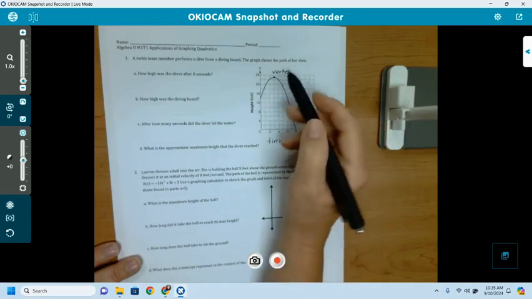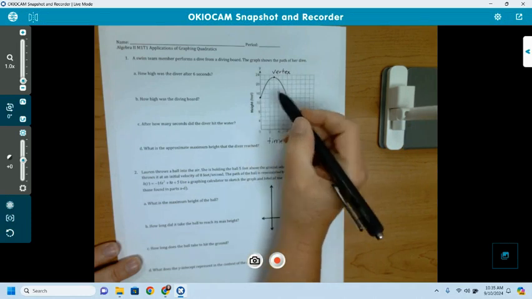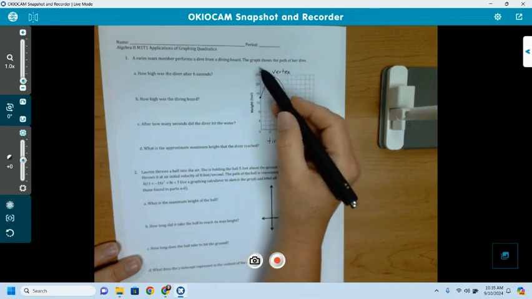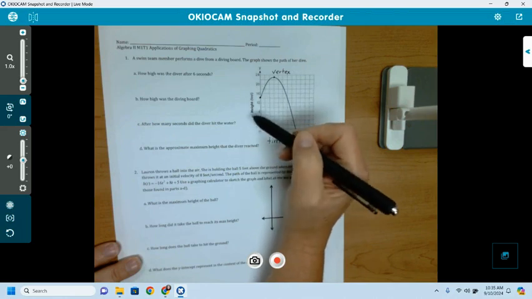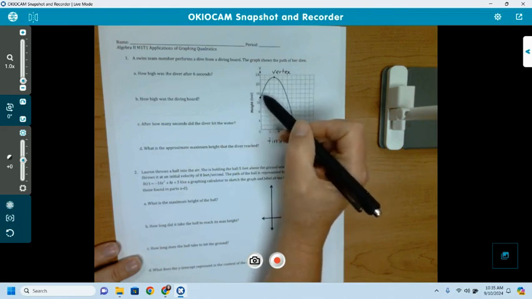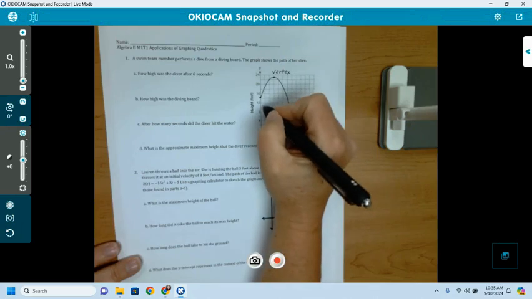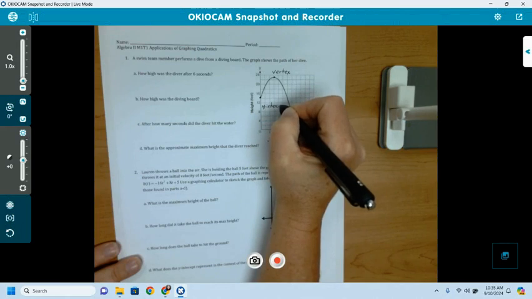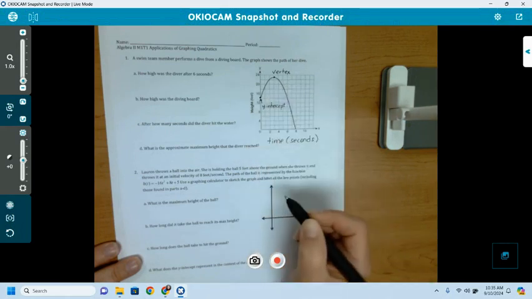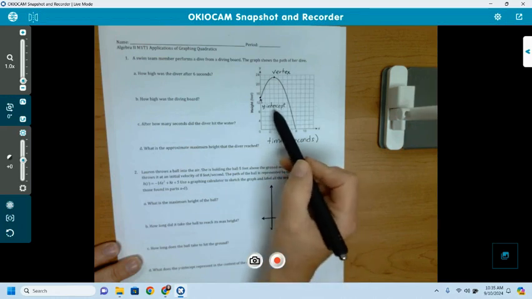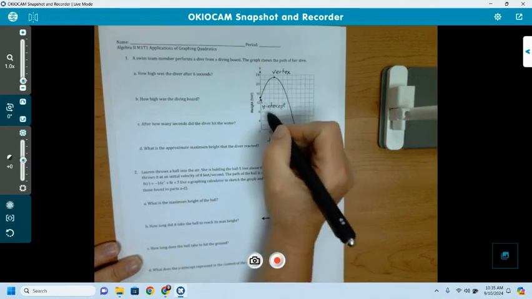This point, where the graph crosses the y-axis or meets the y-axis, this one doesn't actually cross, is the y-intercept. I'm going to write y-intercept, kind of small. Y-intercept, I'm just going to point right there. The y-intercept is always where x equals 0.